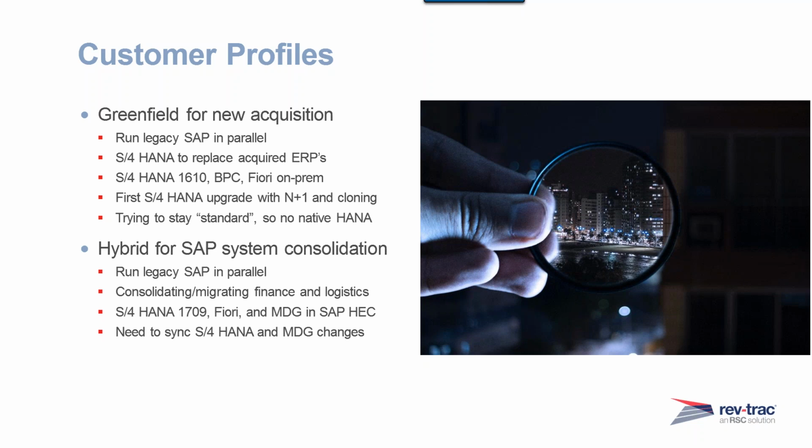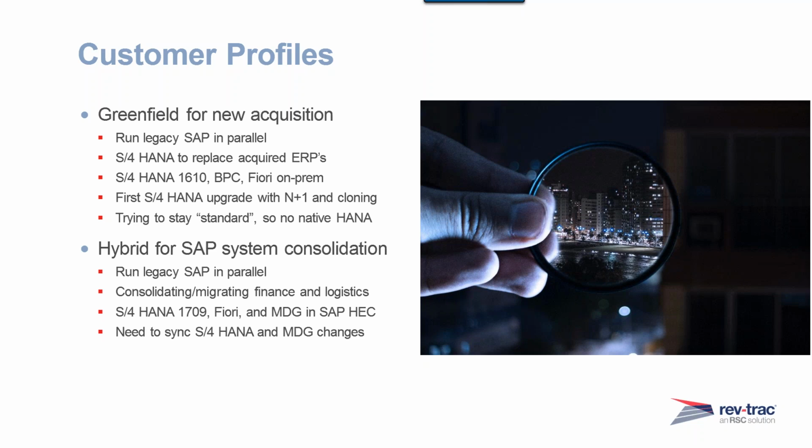So another customer started their S4 journey last year, and they're basically, as I understand it, consolidating some separate R3 environments into a single S4HANA 1710 instance. I don't believe all existing R3 functionality can be migrated all at once, right? So it's going to take some time. So they'll be running in parallel for some time.